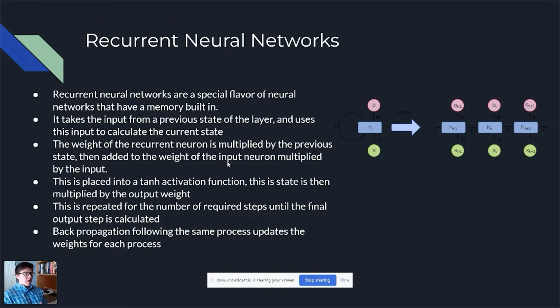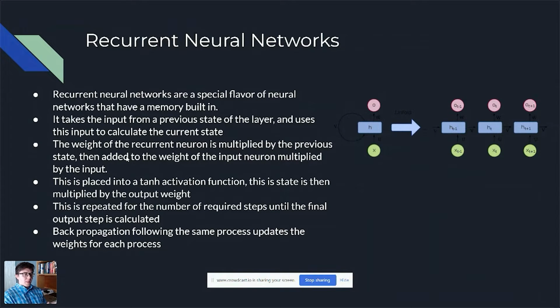Essentially, it's taking into account that dependency between the previous value and the current value in order to create the current cell state. So going through this one by one, the input is multiplied by... it starts out simple.